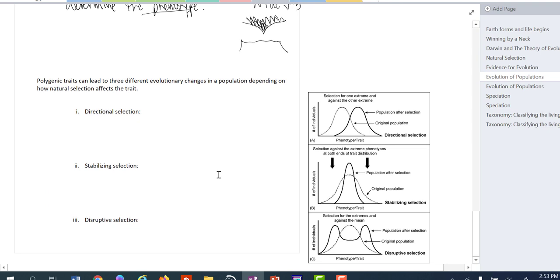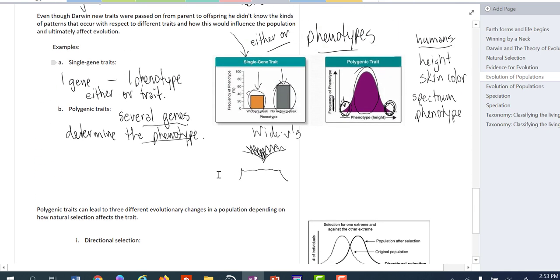Well, let's go back up to here for just a second and think of if natural selection acts on favorable traits. Imagine if we take a single gene trait like widow's peak, and I don't really have an interesting analysis in terms of how nature could act on our hairline, but let's assume that widow's peak gives individuals an advantage.